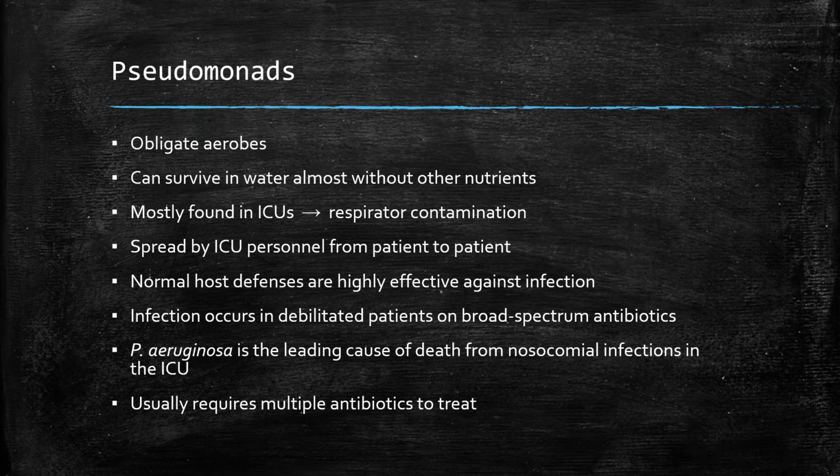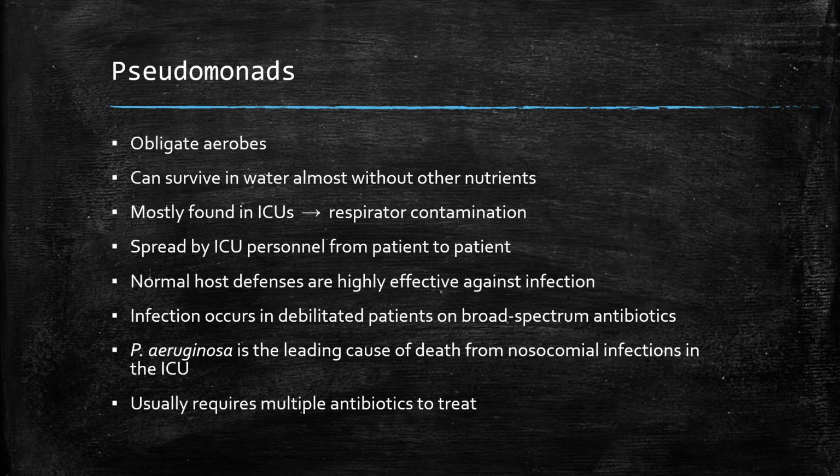Pseudomonas species are obligate aerobes, and they can survive in water almost without any other nutrients. For this reason, Pseudomonas is most commonly found in ICUs, where it contaminates ventilator circuits. Pseudomonas can also be spread by ICU personnel from patient to patient. Normally, our host defenses are highly effective against Pseudomonas colonization and infection.